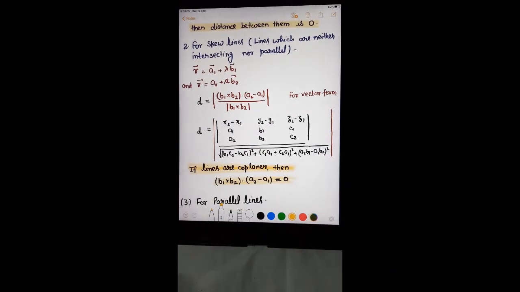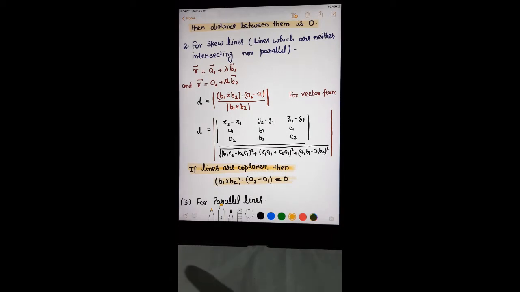Now there is a special situation here. If lines are coplanar, then b1 cross b2 dot a2 minus a1 is equal to 0. Why is it so? Because b1 cross b2 is a vector that is perpendicular to both b1 and b2. Now a2 minus a1 is a vector which lies in the plane, and b1 cross b2 is perpendicular to the plane.